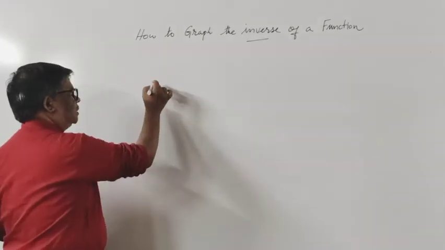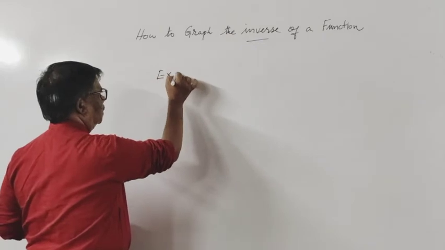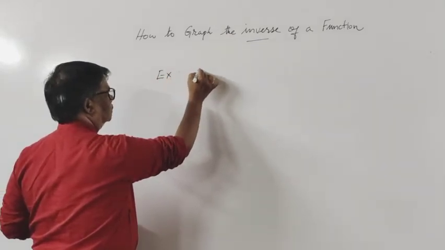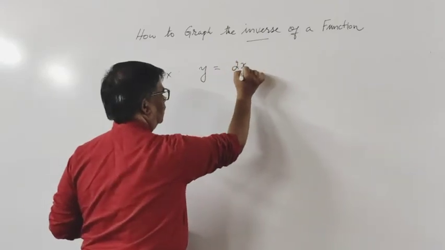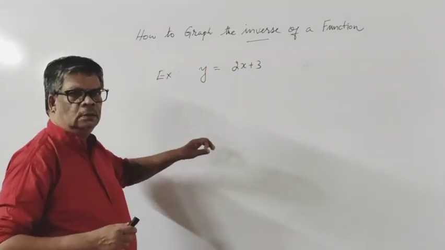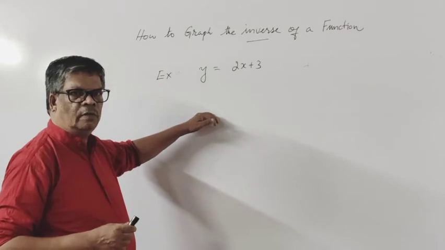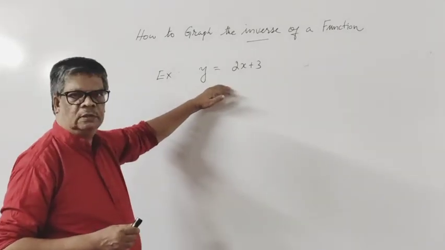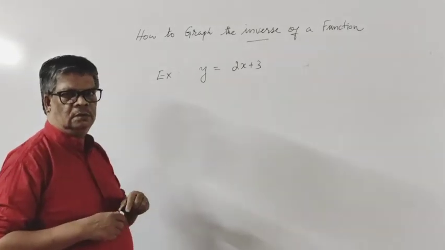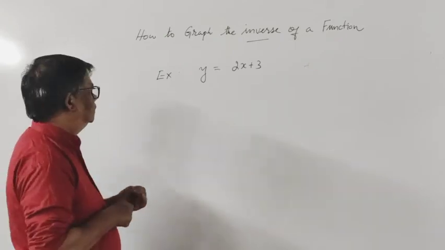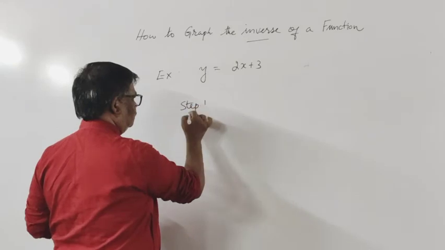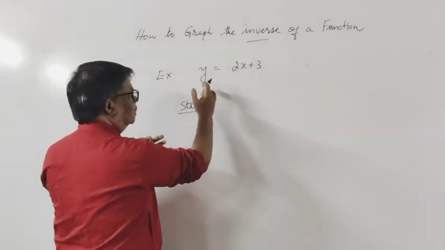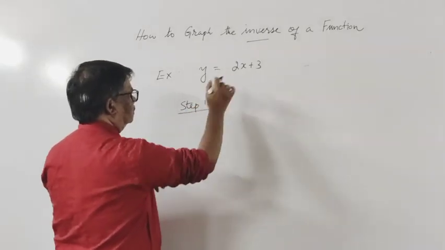Let us consider an example of a real function. Say y is equal to 2x plus 3. Now there is a method for finding the inverse of this function algebraically. Let us see that. There are 3 steps for that. First step is to interchange x and y.